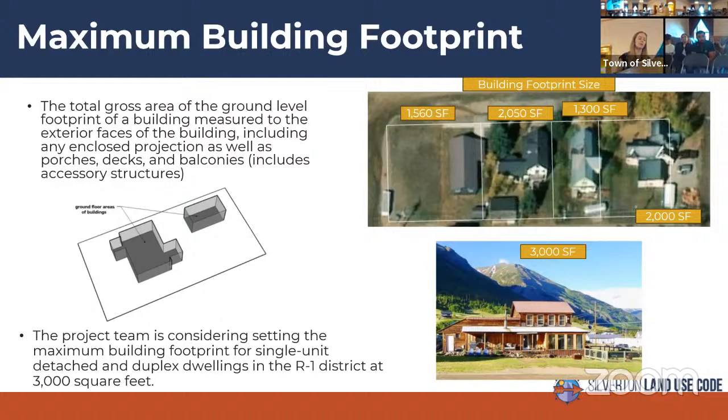And this photo on the bottom right is an example of a structure in town that does maintain a 3,000 square foot building footprint for your reference. And so again, that is not in the current draft, but there's a handout about it and will be in the next one as well. Next slide, please.